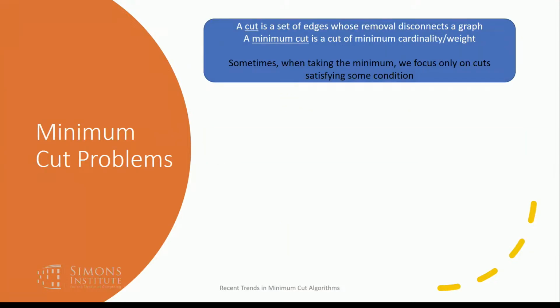So let's begin with some background on minimum cuts. A cut is a set of edges whose removal disconnects the graph in some way. And a minimum cut is a cut of minimum cardinality or weight. The precise definition of minimum depends on the particular variant of minimum cut being studied.